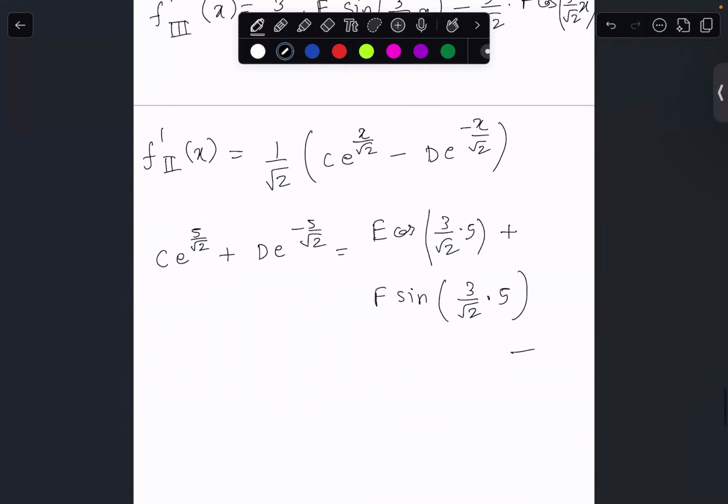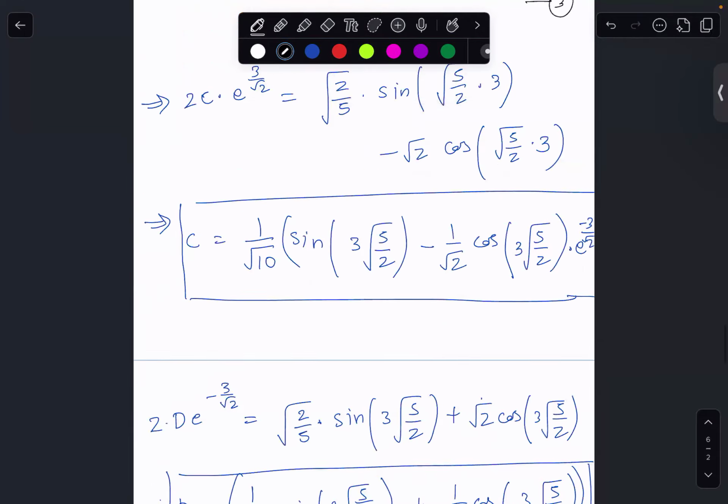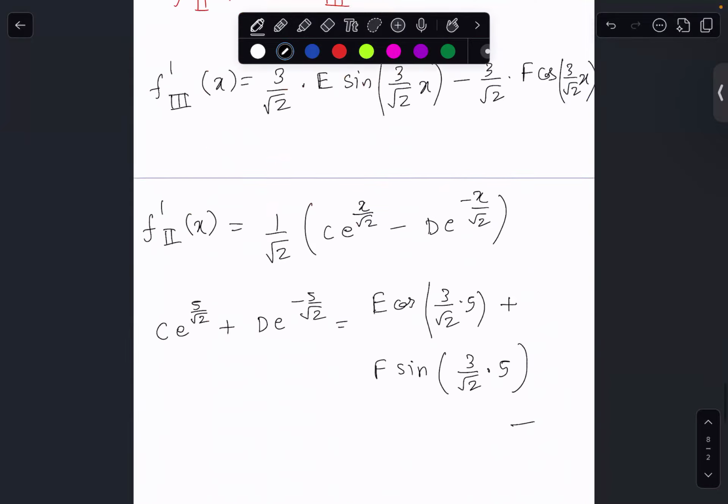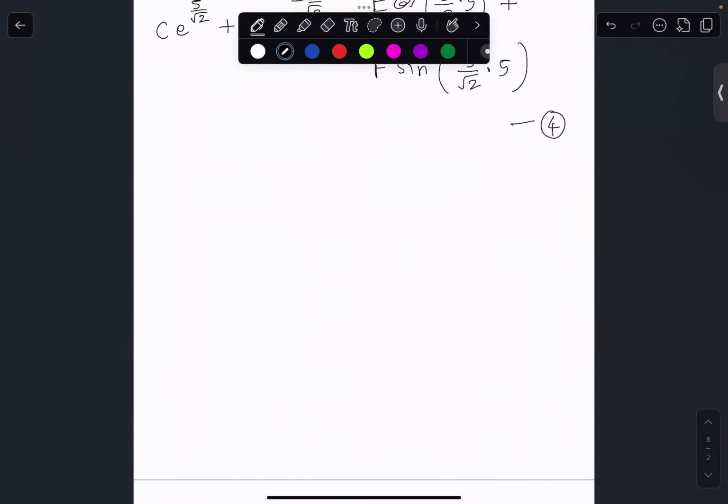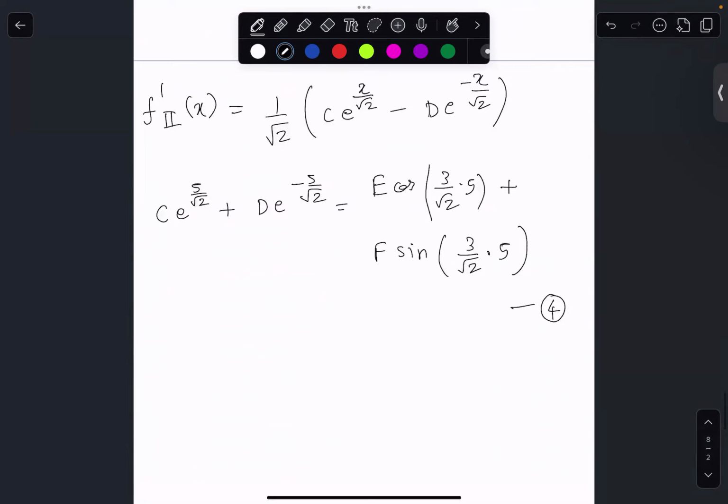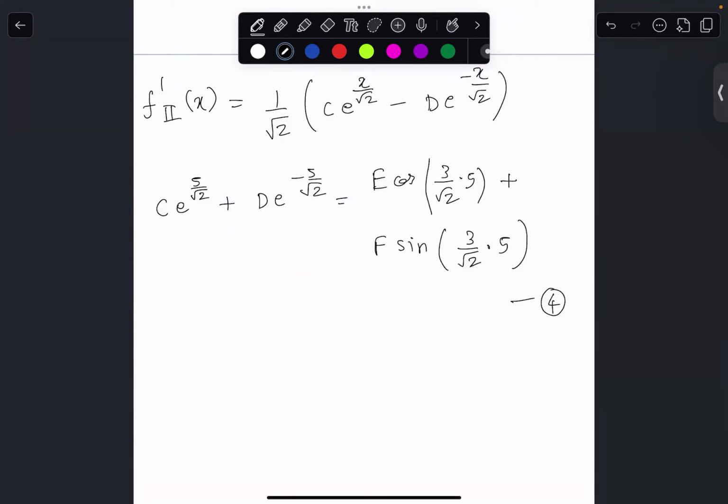So this should be, I think, equation 4. Let's rewrite that into the more simplified version, which is e cos of 15 upon square root of 2.